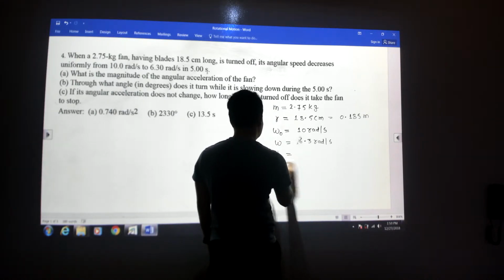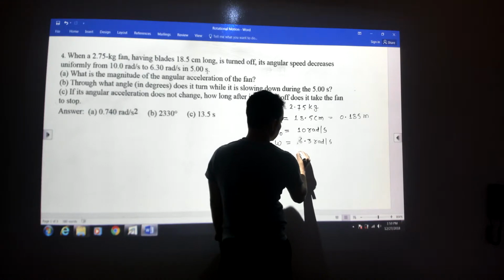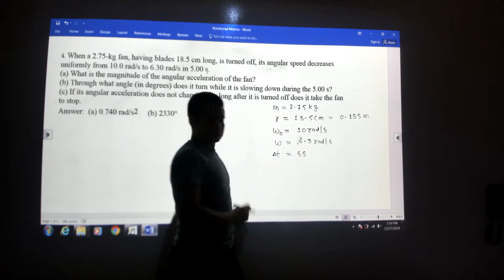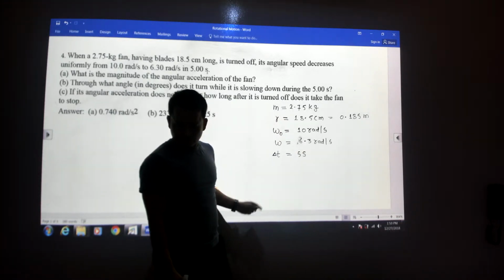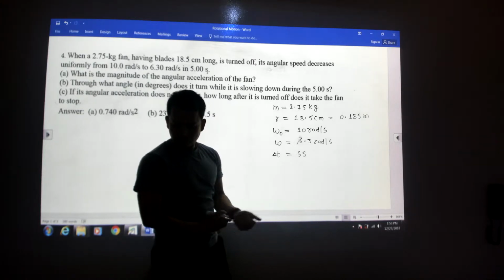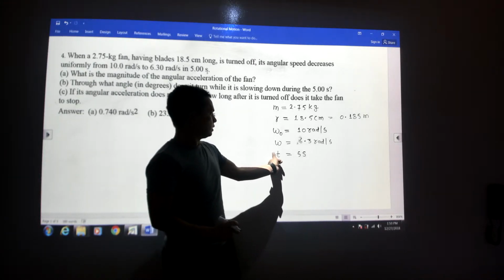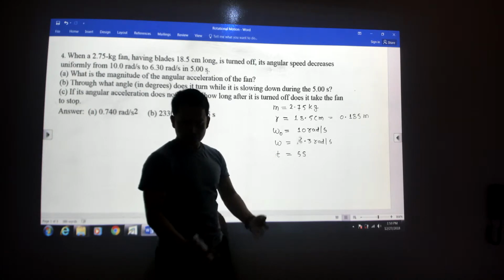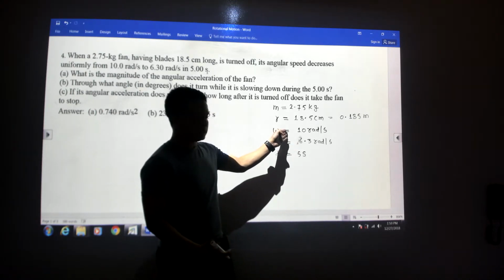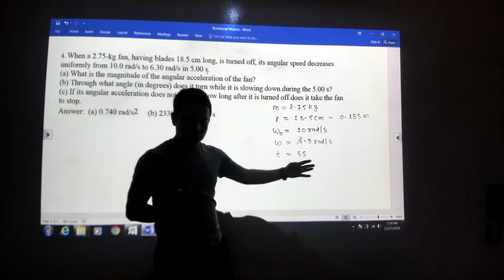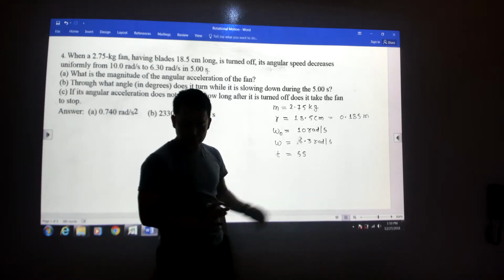You may call the time t2, but it doesn't matter. It just takes 5 seconds. Let's say for simplicity, I'm just calling this t here, which is the starting time t0, and this is t, so the change in time is 5 seconds.